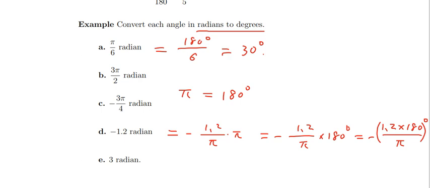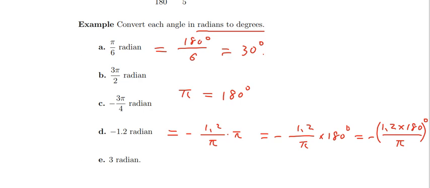So use a calculator to find this. Before, we had to remember pi, but now our calculator saves pi, so we have a pi button. You just do it this way: 1.2 multiply 180 divided by pi. This number is the degree.